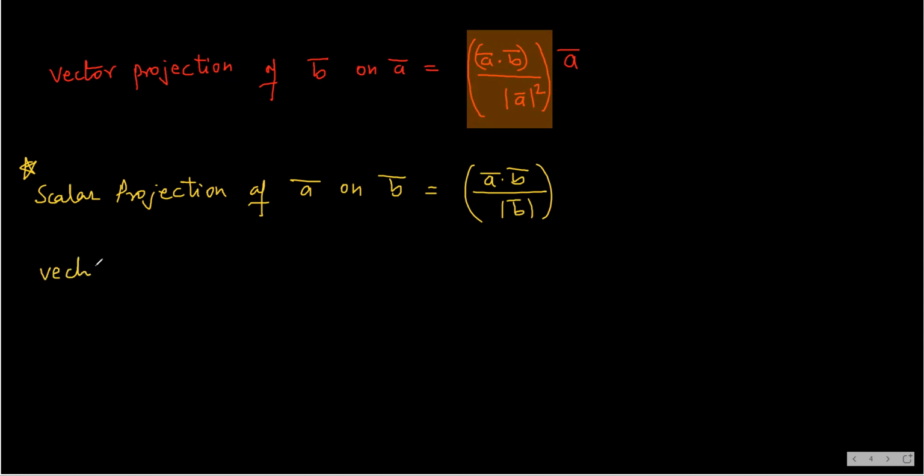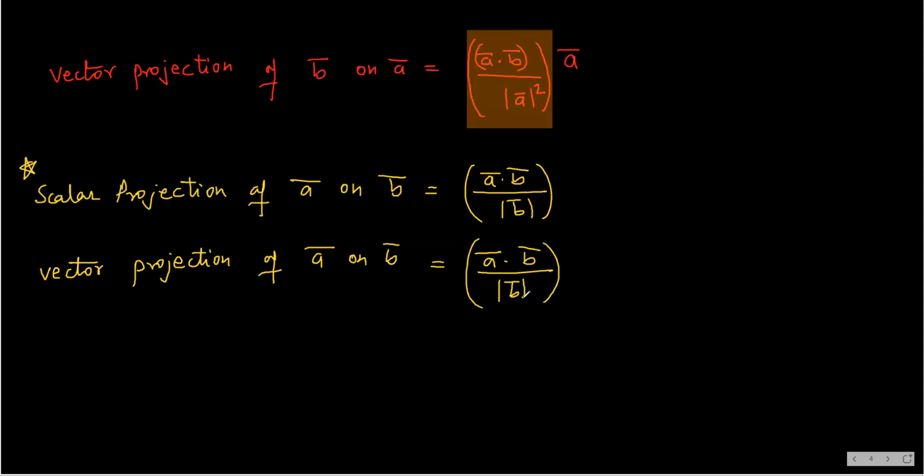Vector projection of A bar on B bar: A bar dot B bar upon mod B bar, into which you have to multiply B cap. What is B cap equal to? B cap is B bar upon mod B bar.